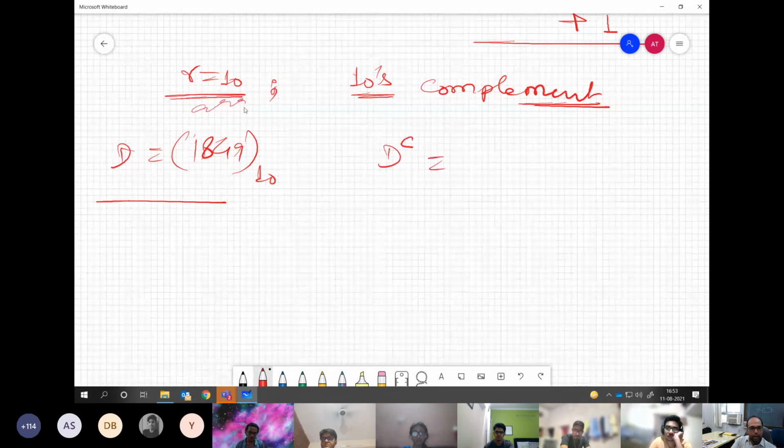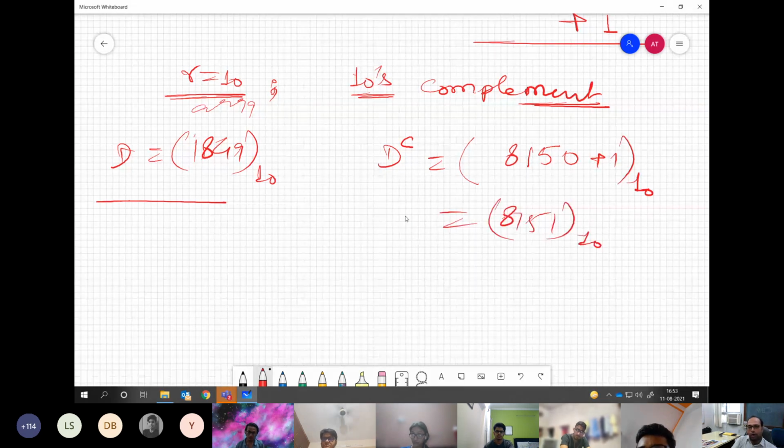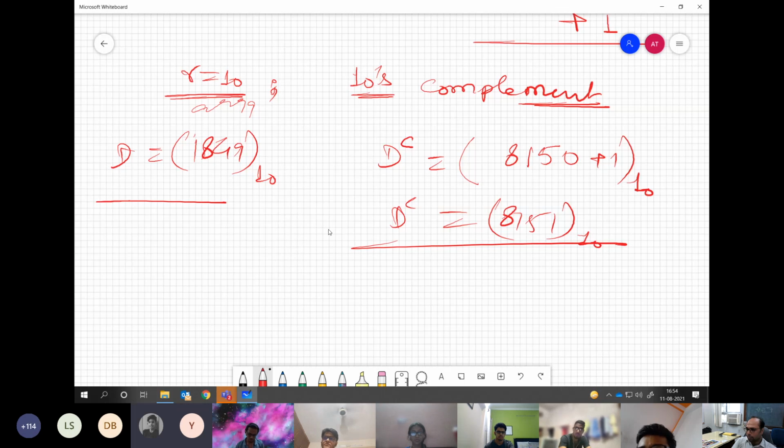You subtract from 9999, whatever number comes, just add 1. So this will be 8150 plus 1. What is this? 8151, what we got in the previous computation. Got the point? Getting the point clearly?